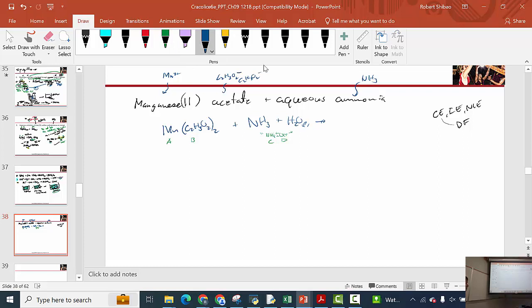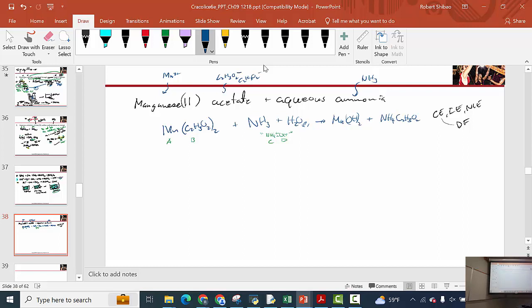The formula, did somebody get that? Mn(OH)2. And we're going to have ammonium with acetate. And so that's going to form ammonium acetate, which has the formula NH4 C2H3O2.